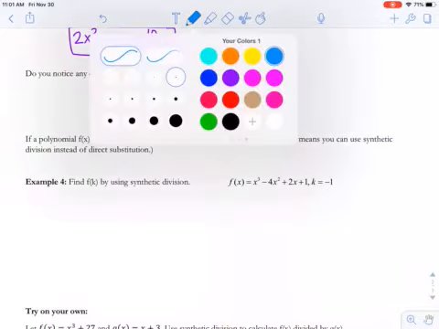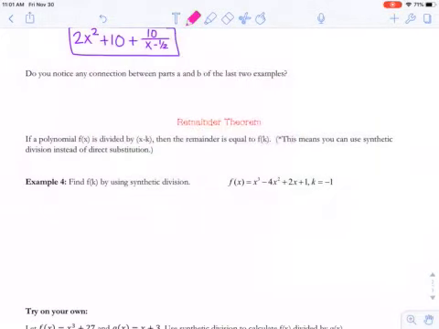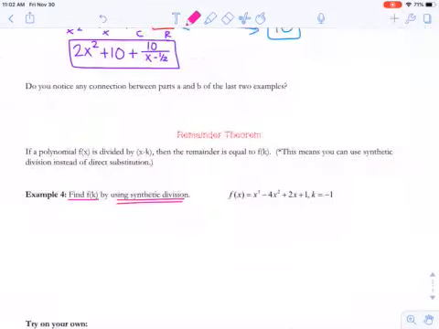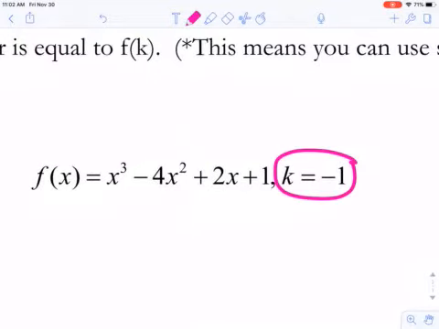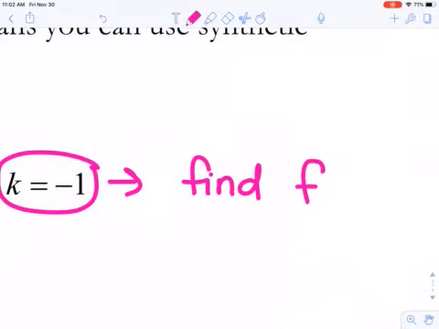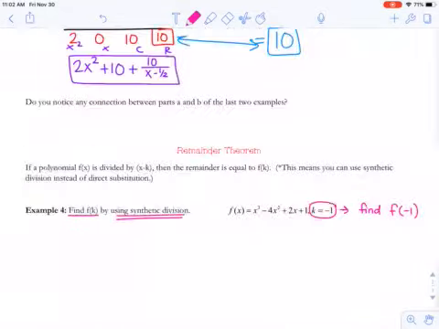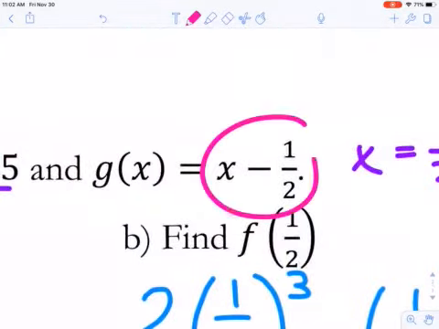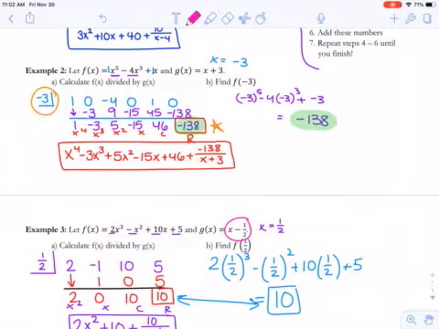Now, this says, and this is similar to some test questions or quiz questions, find f of k by doing synthetic division. So to find f of k, here k is -1, so this just means we want to find f of -1. Now be careful here, you guys. Notice this. In these problems, they gave me the factor, and that's when I had to change the sign, okay?